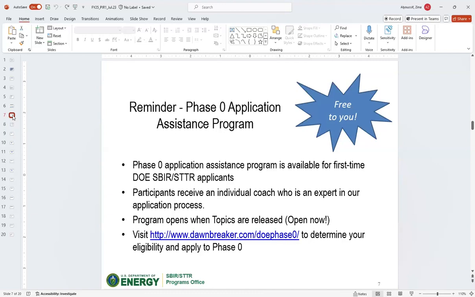You can find the link here, or go to our website under the applicant resources page and click on that link. That will take you to the Phase 0 website, where you can complete a 3-minute application to see whether or not you are qualified for that service. It is a first come, first serve service, but it is something that can help you go through the application process.